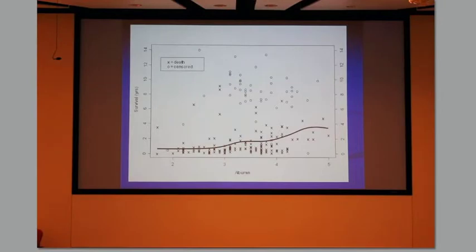And you see the median survival changes from less than 1 at low albumin. At middle albumin, it's about 2. At high albumin, it's about 4. So it's not quite as dramatic a change as we saw with age, but still there's an obvious relationship between survival and albumin.